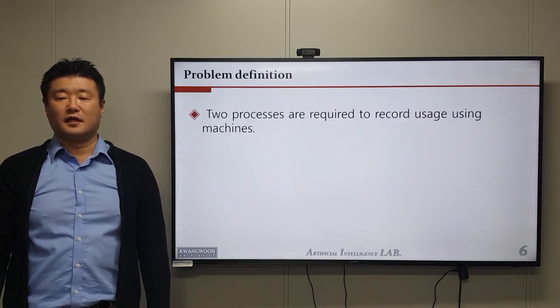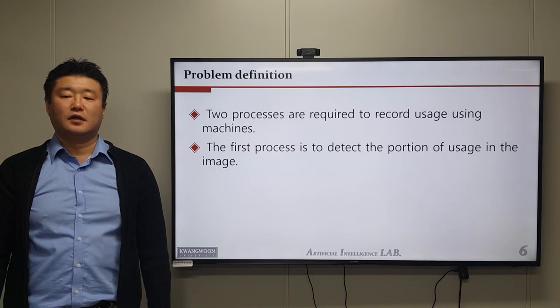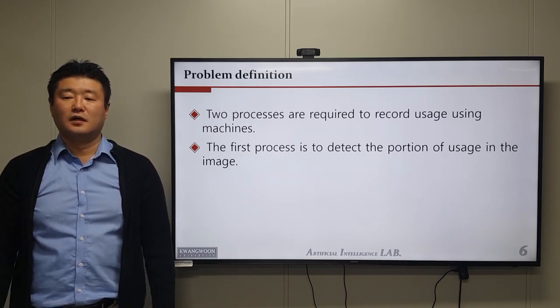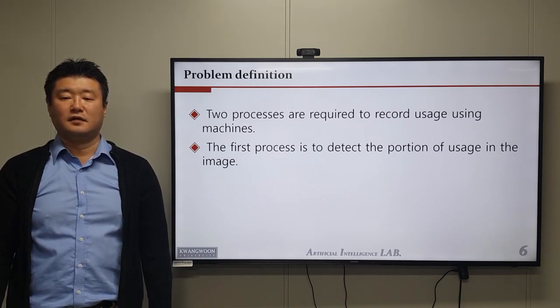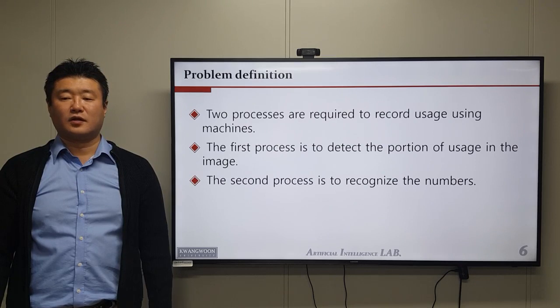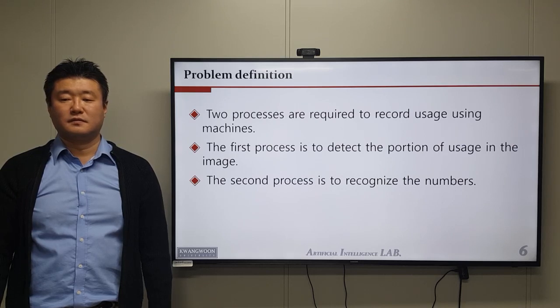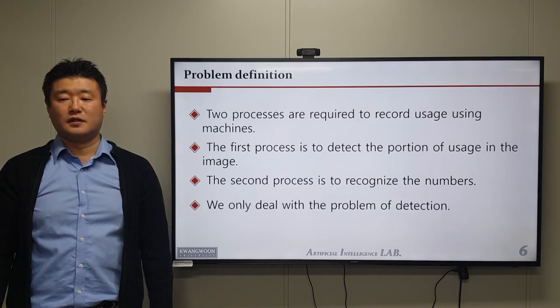Two processes are required to record usage using machines. The first process is to detect the portion of usage in the image. The second process is to recognize the numbers. We only deal with the problem of detection.